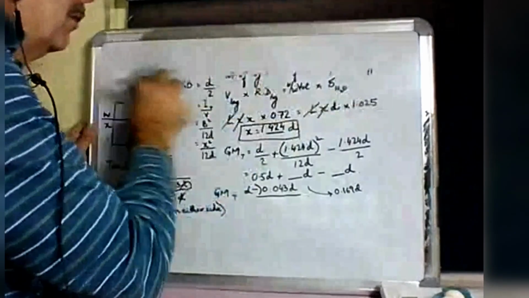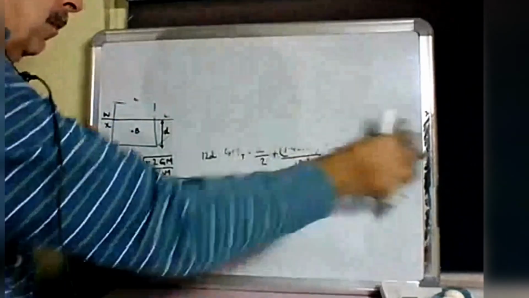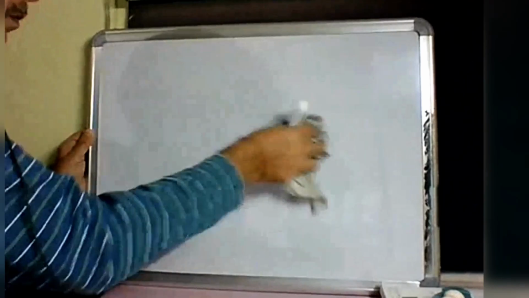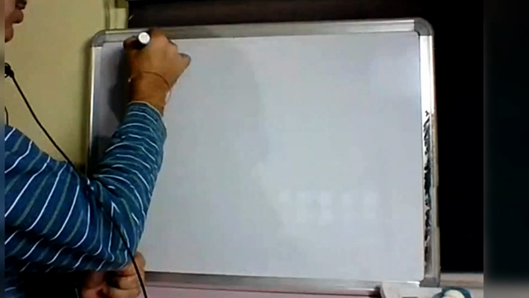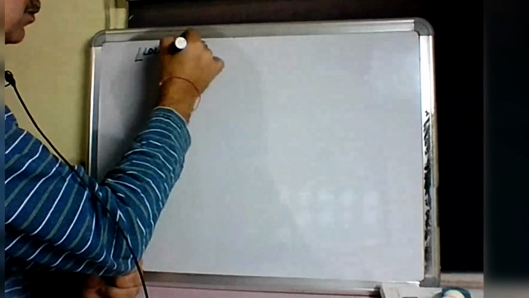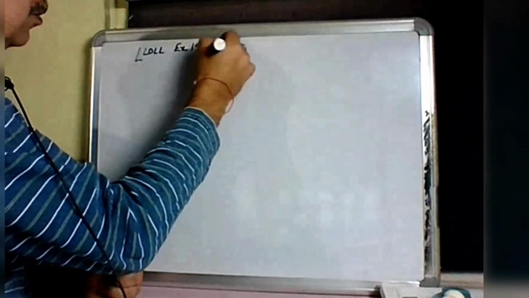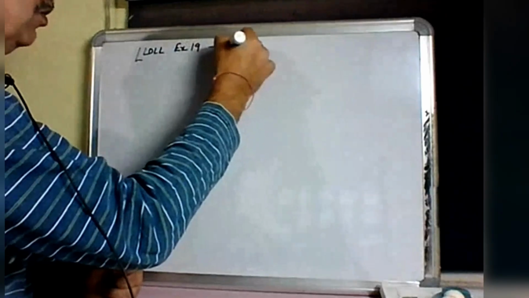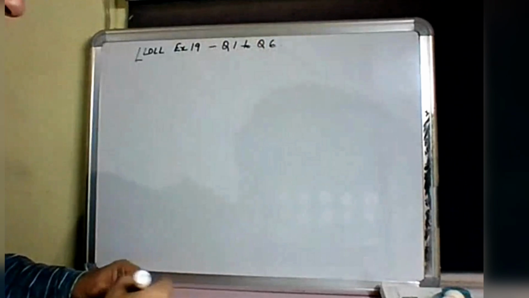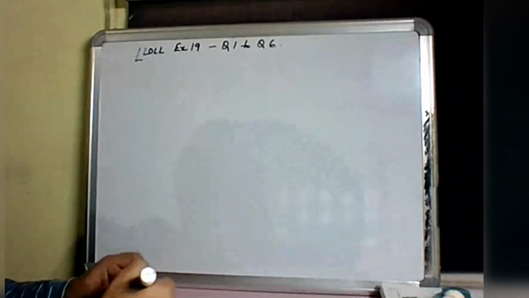You can do that as homework. Please do the chapter Angle of Loll, exercise 19. You can do all the questions, question number 1 to question number 6. You should be able to do them now.